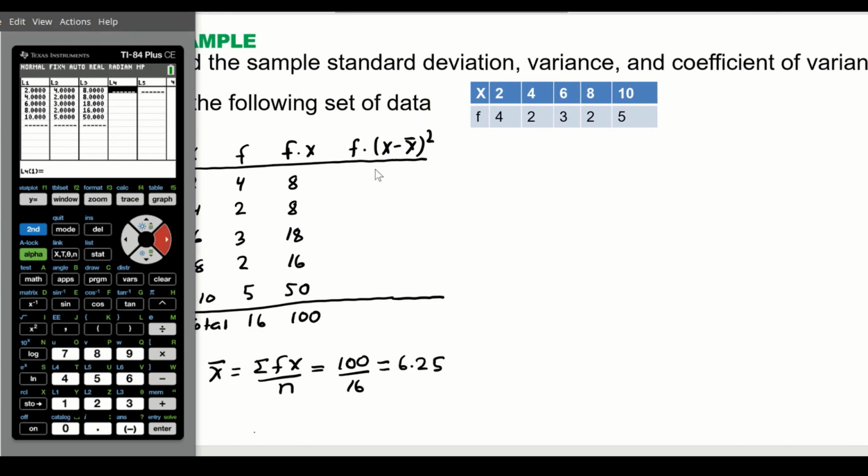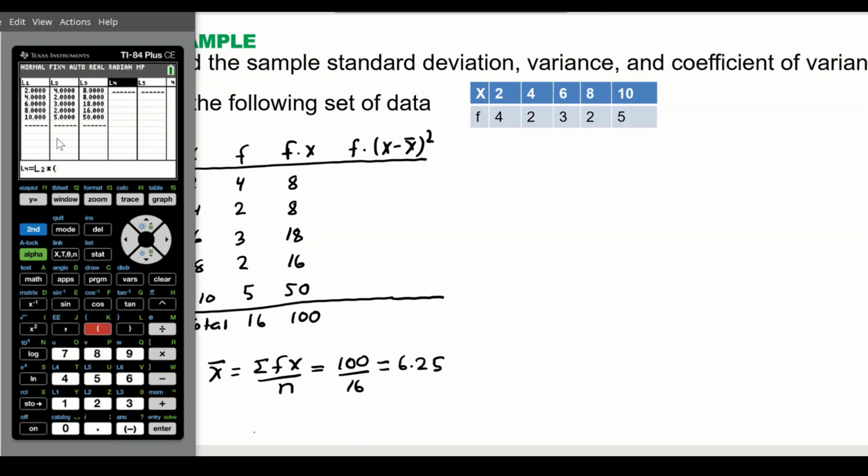Here, in order to find these values, highlight this L4 by moving the up arrow so that it gets selected. Now you can type f times (x minus x bar) squared. F is in list 2, so we type second and 2 to get list 2. Then we have times, parenthesis begin, then x.